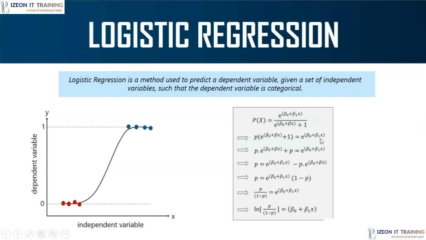The RHS denotes the linear equation for the independent variables. The LHS represents the odds ratio. So if you compute this entire thing, you'll get this final value, which is basically your logistic regression equation. Your RHS here denotes the linear equation for independent variables, and your LHS represents the odds ratio, which is also known as the logit function.